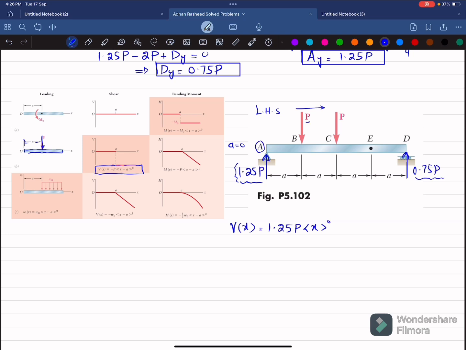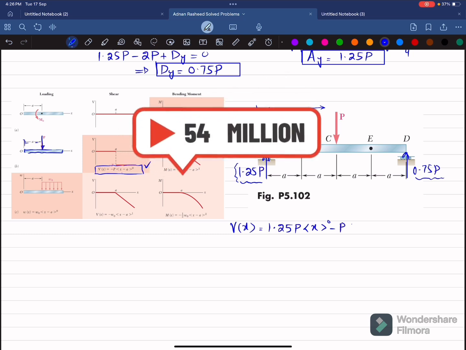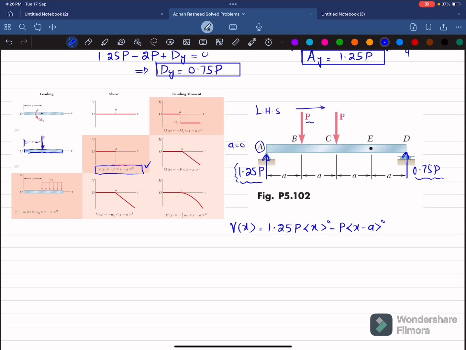The second load is this P, and this is downward, so I will write minus P into x minus a power 0. Clear? And the third force is this P again, so minus P into x minus, now this is acting at a distance of 2a from the starting point, so x minus 2a power 0.